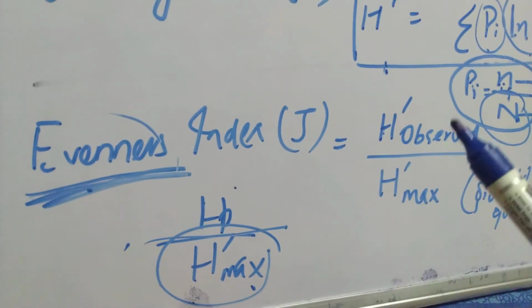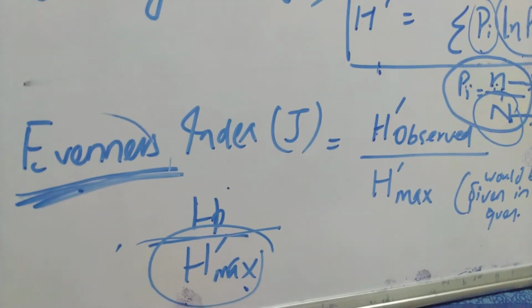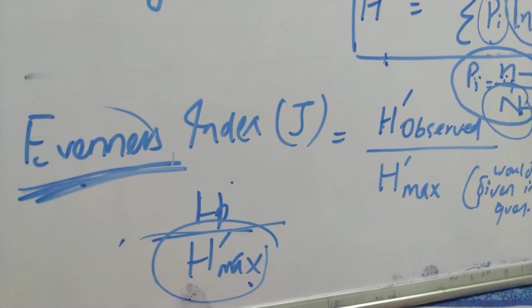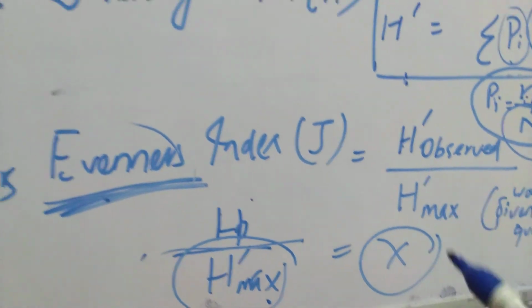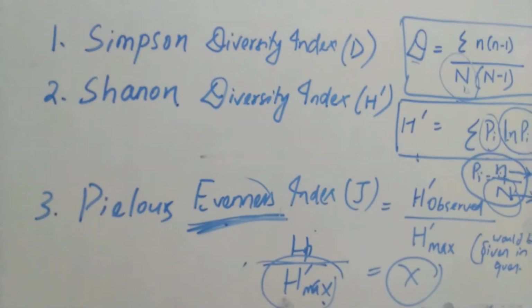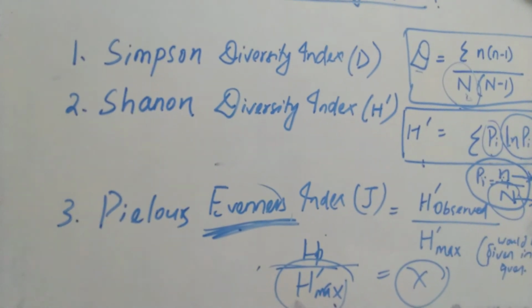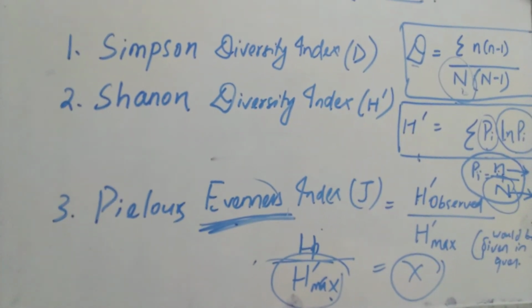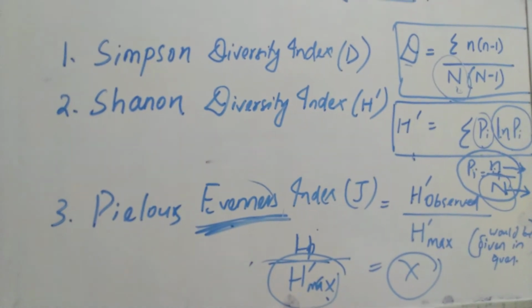You just have to find out H' observed, and you just simply divide by H' max. You will get the result. So like this you can solve, and please don't skip this part. You just need to practice at least 3 to 4 questions for this section just by applying these formulas. And guys, believe me, this is very very easy.